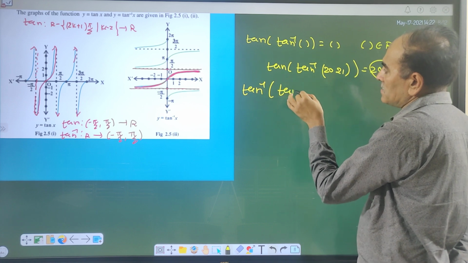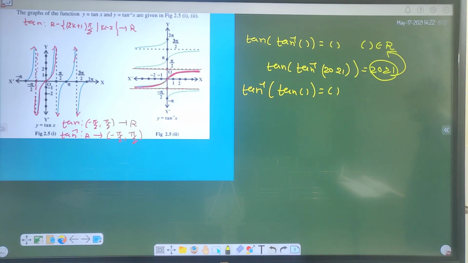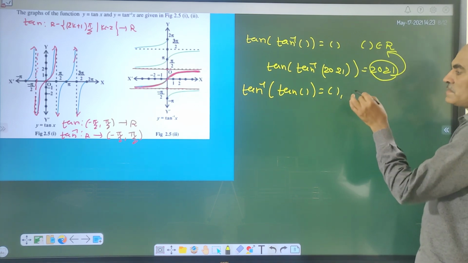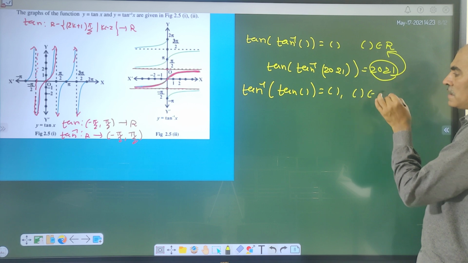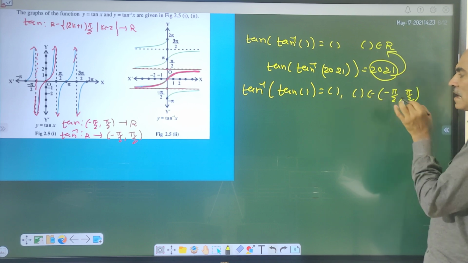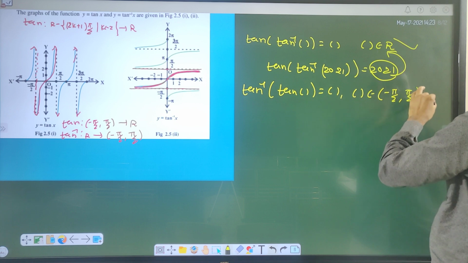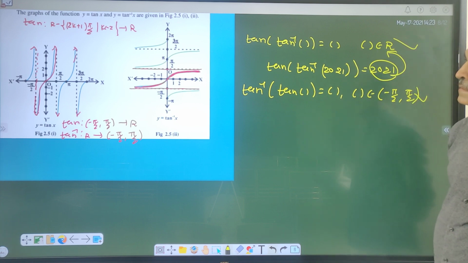Tan inverse of tan of some angle is equal to that angle, and that is possible only when that angle is in the open interval minus pi by 2 to pi by 2. Keep these two standard forms in your mind.